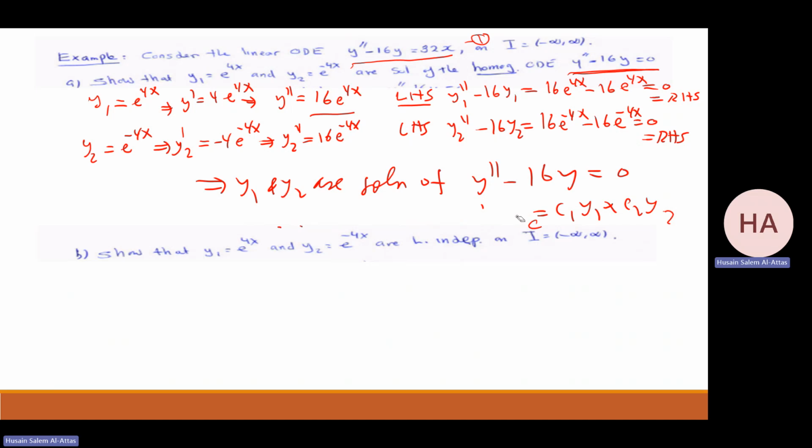First, I need to prove that they are linearly independent, so that they can form the general solution. Being solutions is not enough, they need to be linearly independent. Two for the second order, three for the third order, and so on. So I have to show they are linearly independent. I'll do the Wronskian.